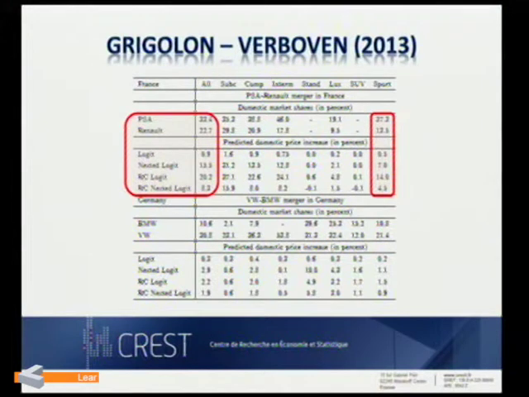I've just put one here: a merger between Peugeot, Citroën, and Renault on the French market. On the table, in this red square on the left, you have the simulated price effect of the merger overall, so the average price increase following the merger, depending on the model you estimate.